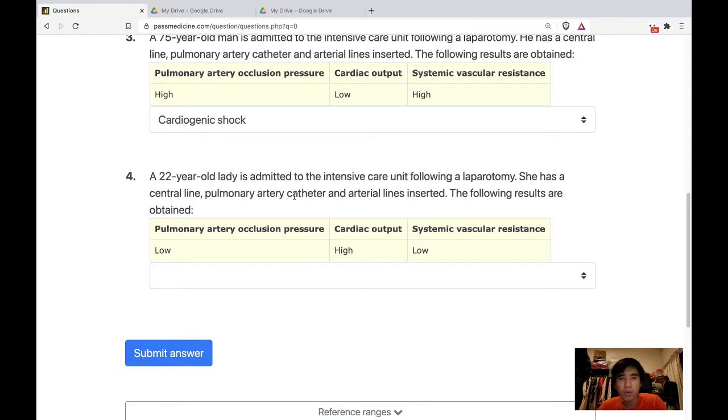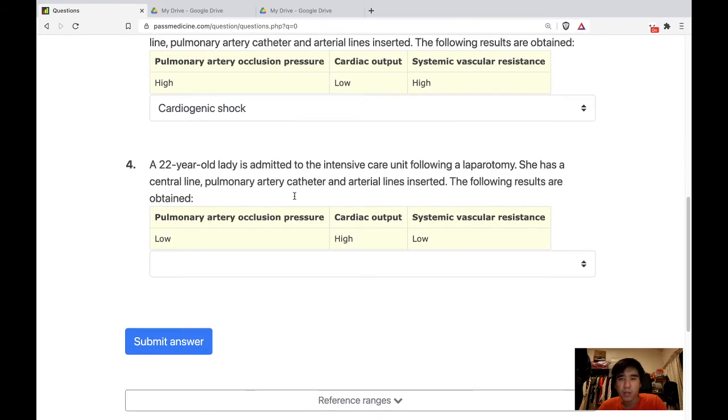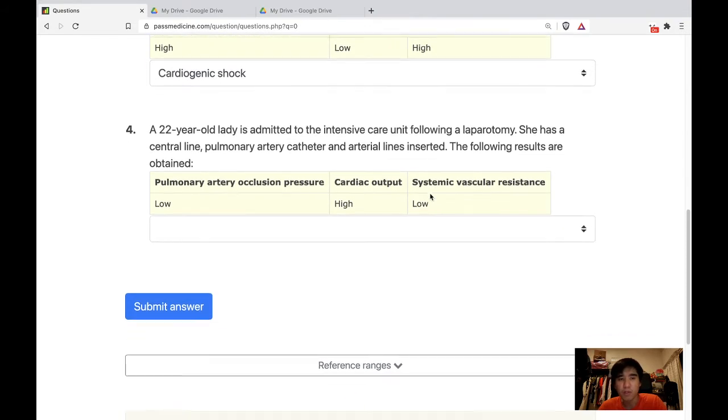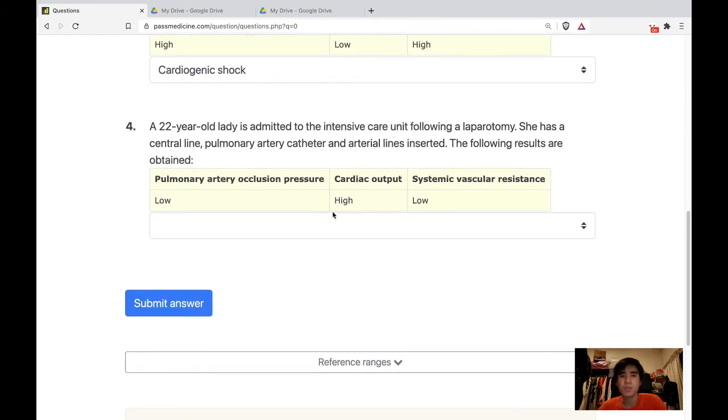A 22-year-old lady is admitted to the intensive care unit following laparotomy. All of them follow laparotomy. She has a central line, pulmonary artery catheter, and arterial lines inserted. Following results are obtained. So in this case, pulmonary artery occlusion pressure is low, cardiac output is high though, and systemic vascular resistance is low.